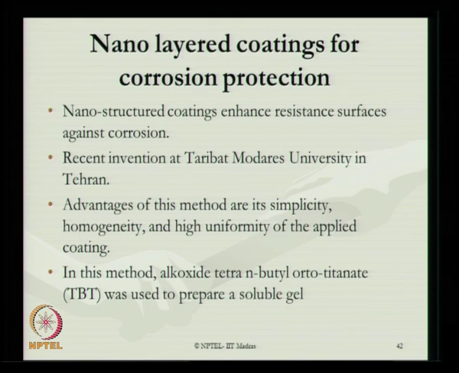The advantages claimed by the researchers are the simplicity, homogeneity and high uniformity of the applied coating. In this method, the alkoxide tetrabutyl orthotitanate, called TBT, was used to prepare a soluble gel.